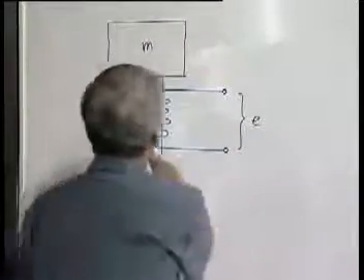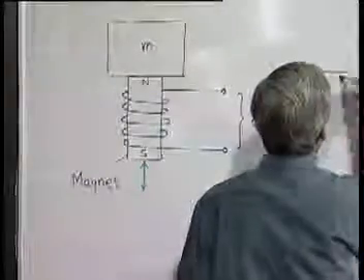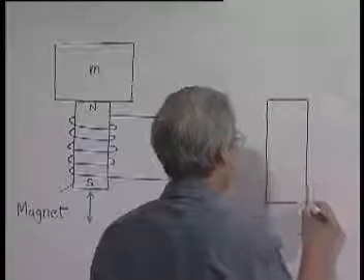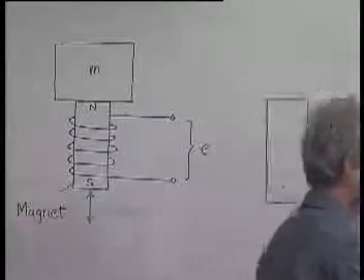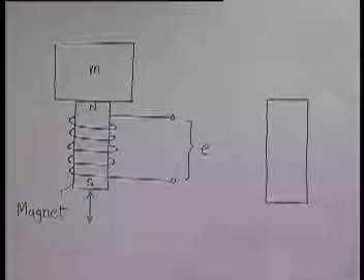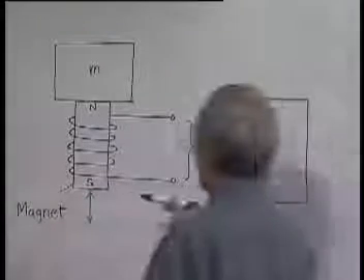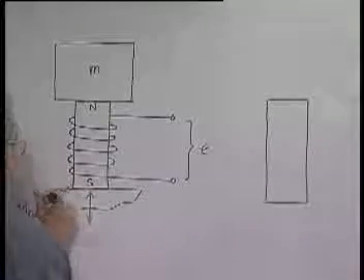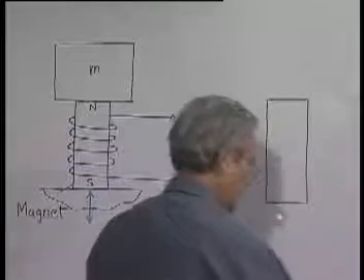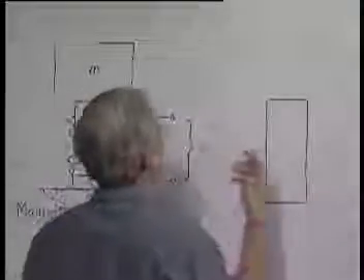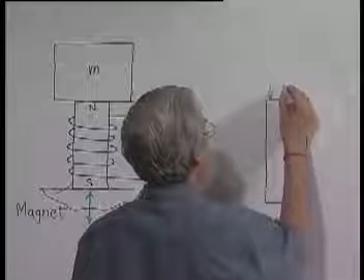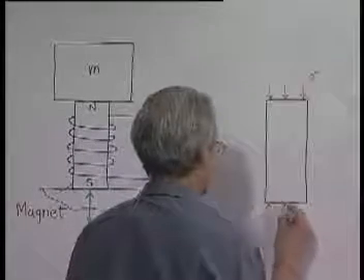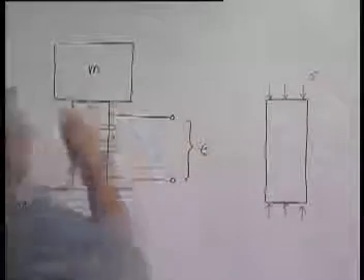Now, if we consider this magnetostrictive material, this magnet, this is subjected to a load. What load? This side of course is connected to the original body, and the other side is connected to this seismic mass. So this will be subjected to stress due to the inertial loading of this mass.